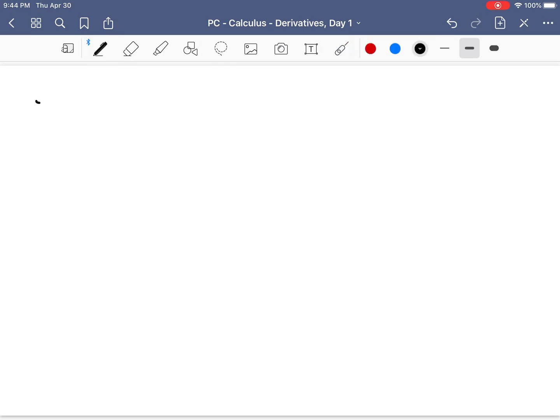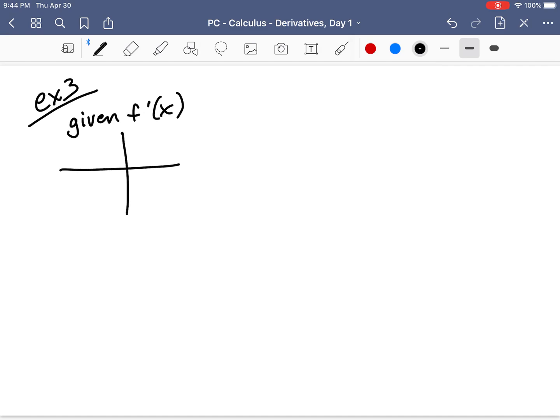All right, so for the next one, I'm going to turn it around a little bit. Given f prime of x looks like this: the derivative of some function goes right through here, and this is the line y equals 2.